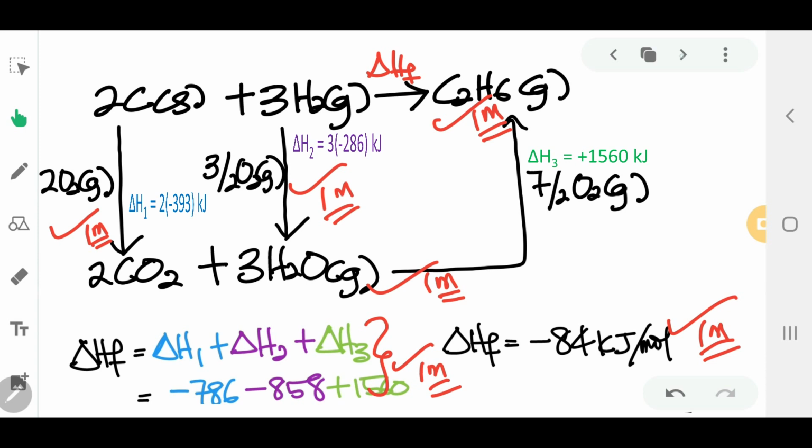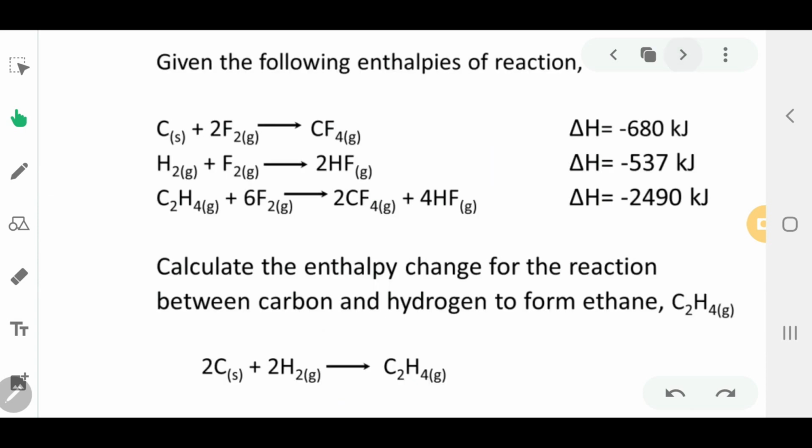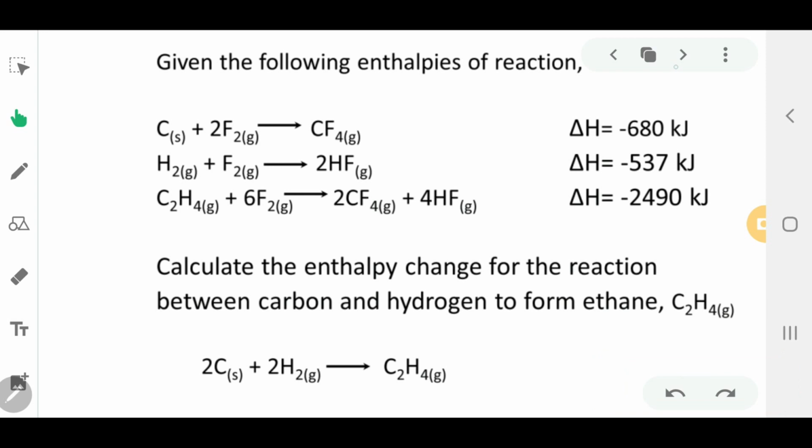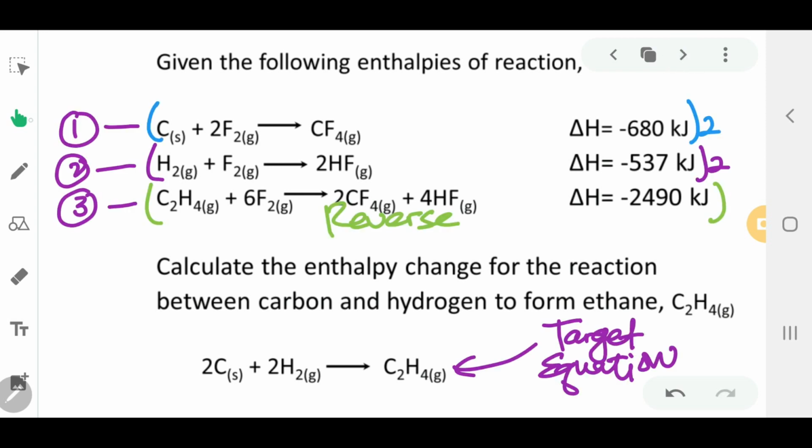And you're done with it. Let's have a look at another one. So this is also another example where you can use algebraic method to solve this, but if the question wants you to use energy cycle method, you have to do the same thing. First, do the alteration based on what we have talked about in the algebraic method, and you get something like this. You identify the target's equation.